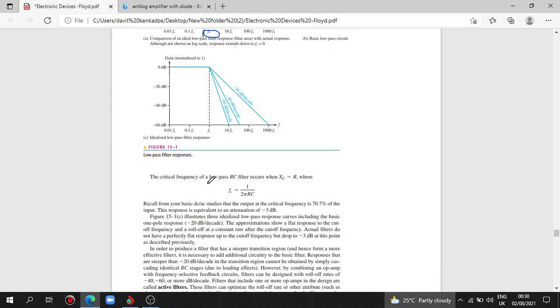The critical frequency of a low-pass filter occurs when Xc equals R.